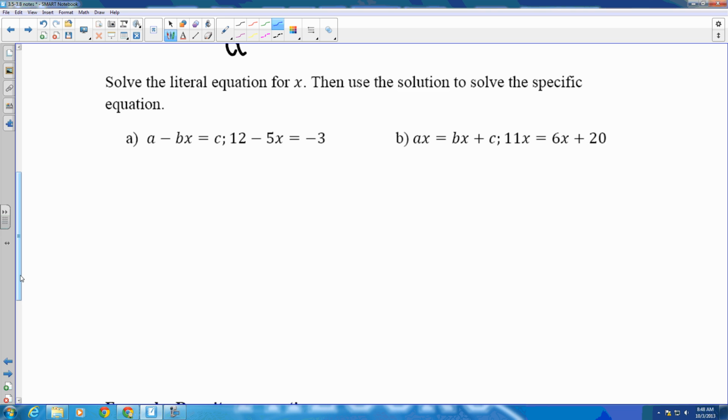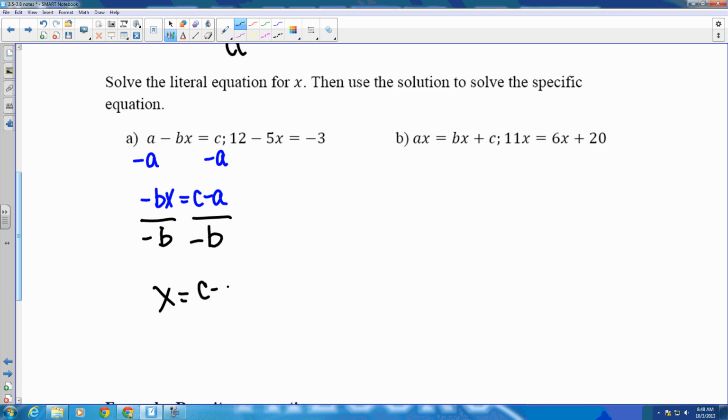We're going to do the same thing on these two, solving them for x. Notice that the formulas on the left side are set up the exact same way as the right side, only there's numbers in the right side equations. So solving this one for x, we need to subtract a from both sides. Negative bx equals c minus a, and then divide both sides by negative b.